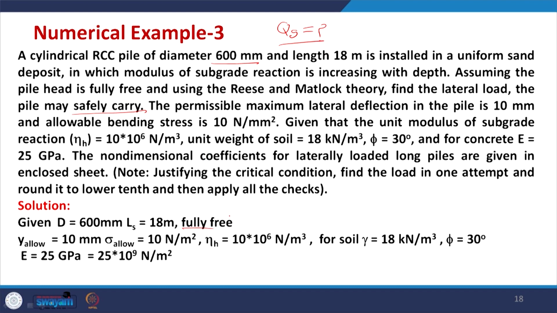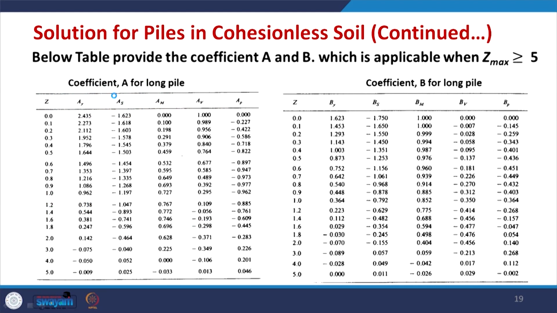In the question it is given that assuming the pile head is fully free, that means lambda equal to 0. When it is fully free, no moment is acting, so we do not require this table. Only the first part of the table will be required in this example. You do not need coefficient B, so only this table is required.